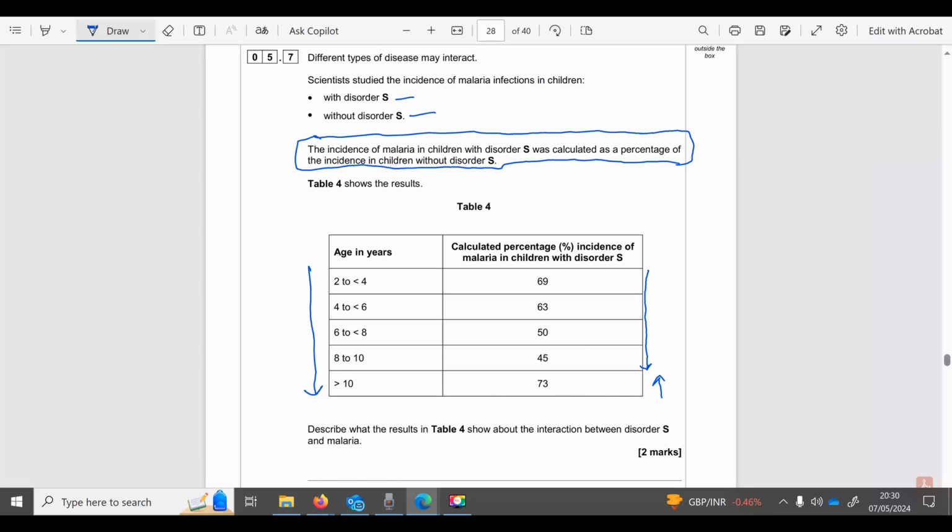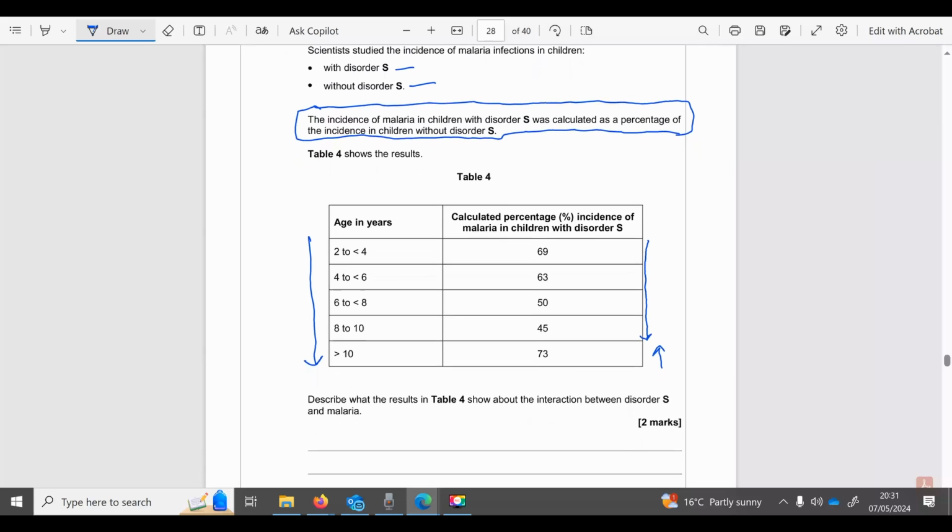So what we can just say then, because we're describing our table, we should be able to just get a mark for describing, is as the ages go from 2 to 10, so increase from 2 to 10, the percentage incidence of malaria in children with disorder S decreases up until the age of more than 10, where it increases.